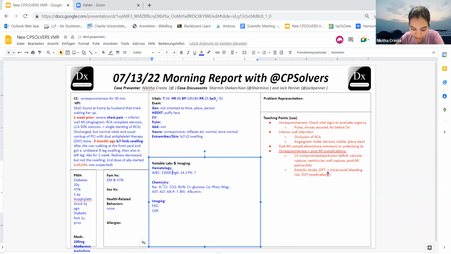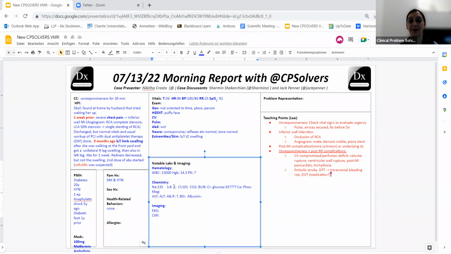Potassium was 3.8. Chloride was 101. Sodium was 135. Her random blood sugar at the time of admission was 35. I think we can stop there for now.